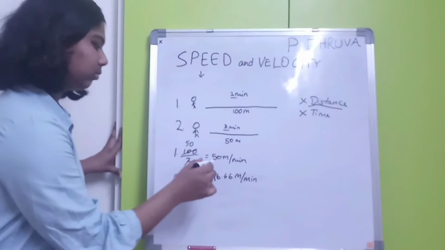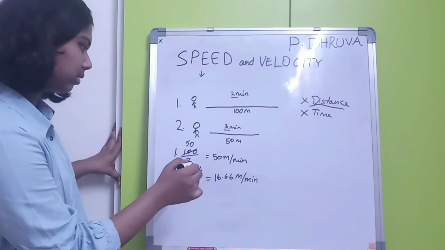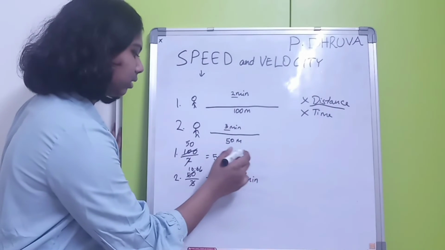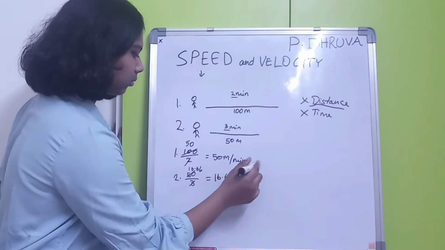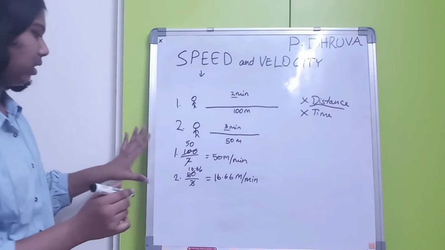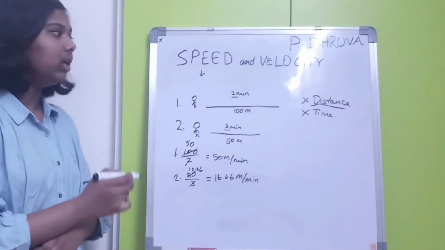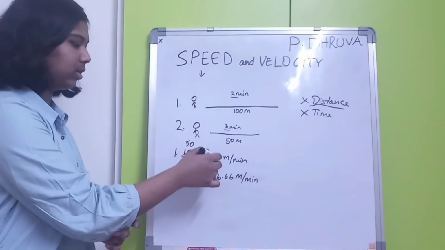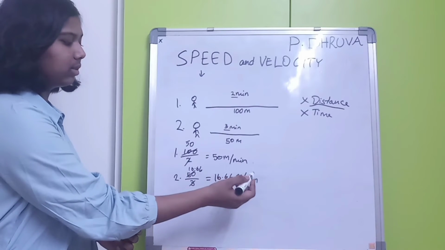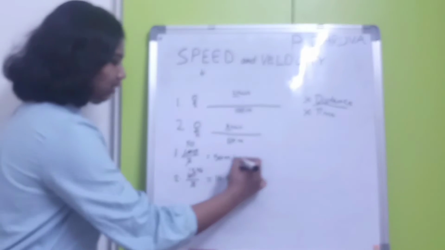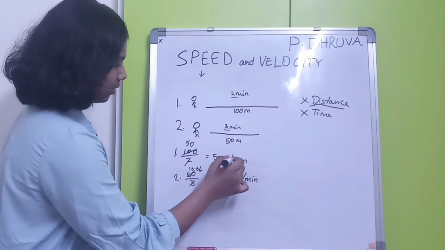So now when we compare this, we see who is faster. Now you are the person who has to select someone from your team who can run faster. Whom will you select? The person who can run 50 meters per minute or 16.66 meters per minute. Of course you will choose the first person because he runs faster.